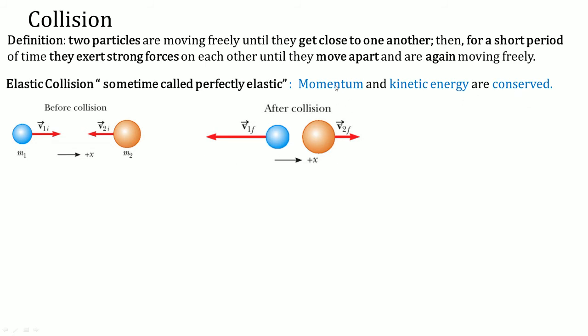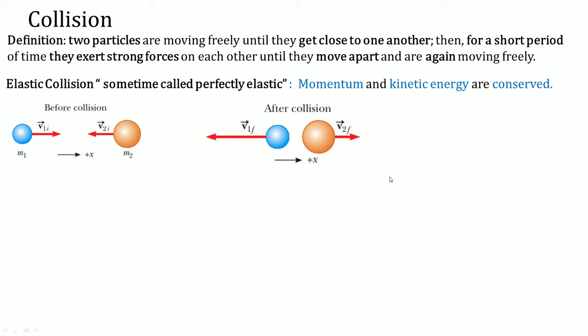The momentum is conserved in the sense that they might have different velocities, but the total momentum before and after are the same. Nothing is lost. The system is essentially closed.